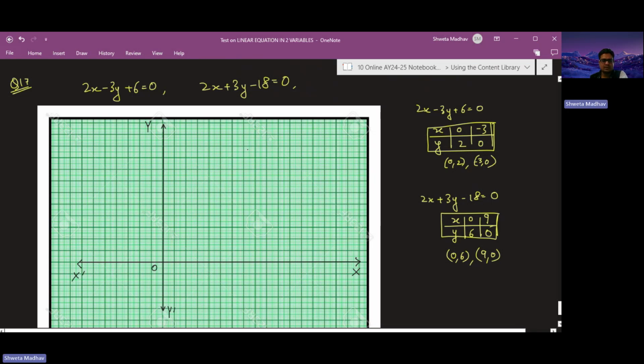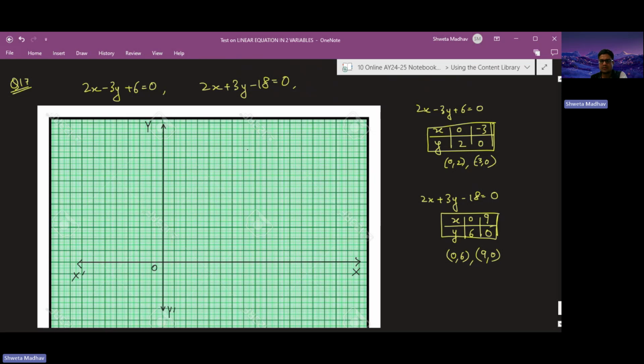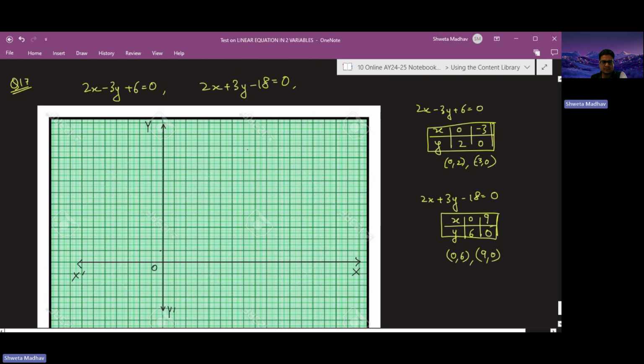So here we need the point (0, 2). Let's say we take this as 1, this as 2. So this is the point (0, 2). This is 1 point, and then (minus 3, 0). So this is minus 1, minus 2, and minus 3. So this point is (minus 3, 0).